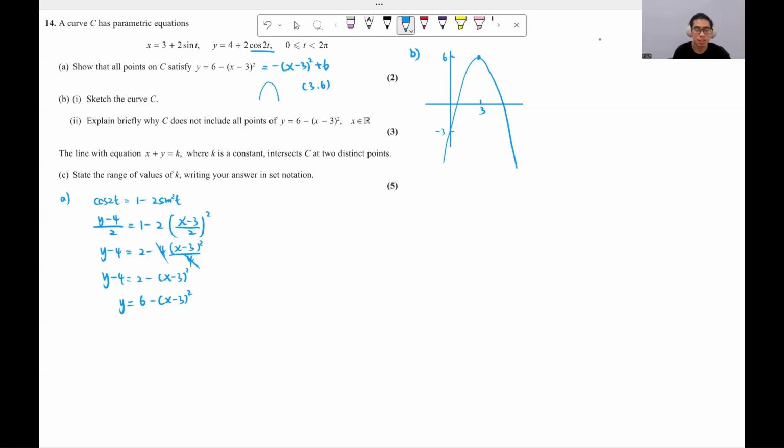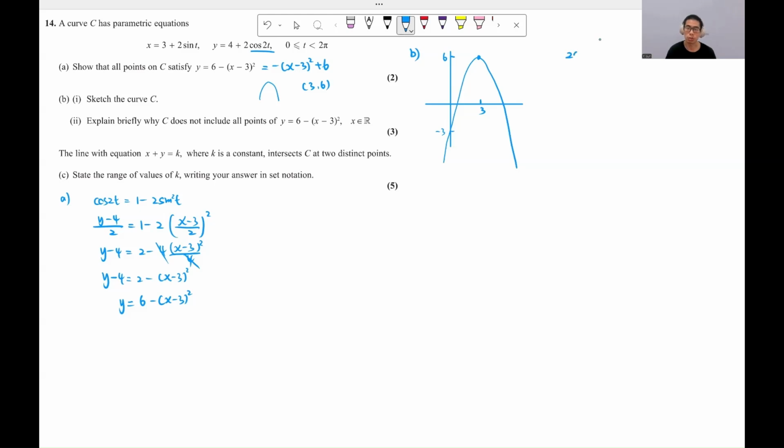It says t is greater than or equal to 0 and less than 2 pi. So that would be the possible t values. We need to use that to find the possible x and y values, to find the domain and the range. If t is between 0 and 2 pi, that's one full period for sin and cos. So sin t has to be between negative 1 and 1.